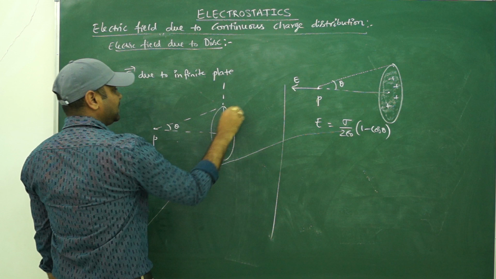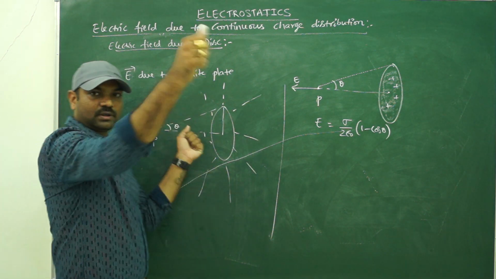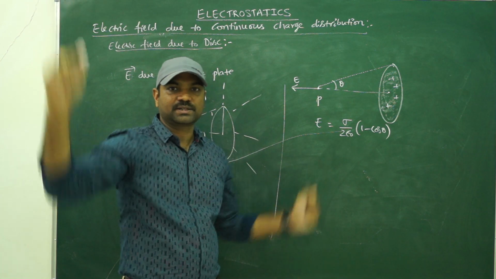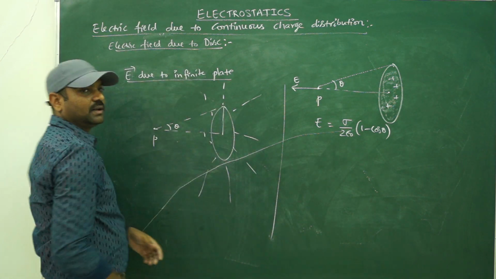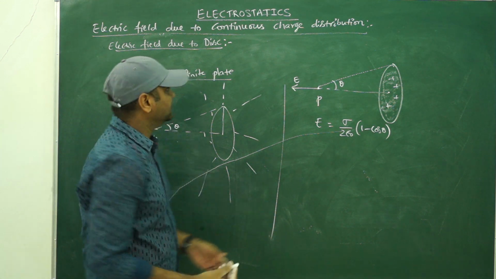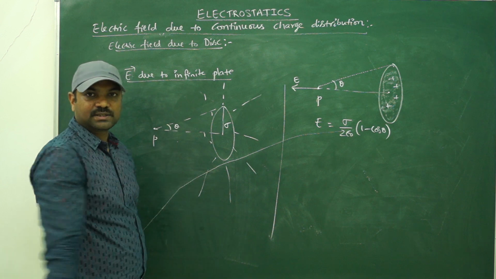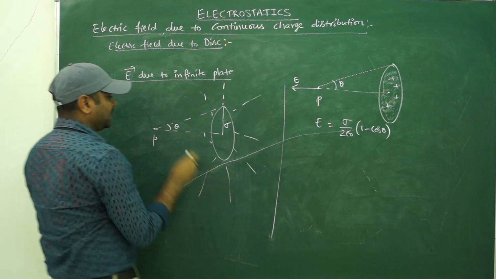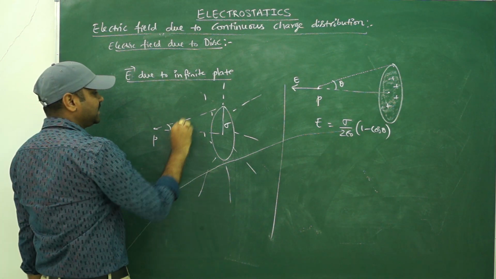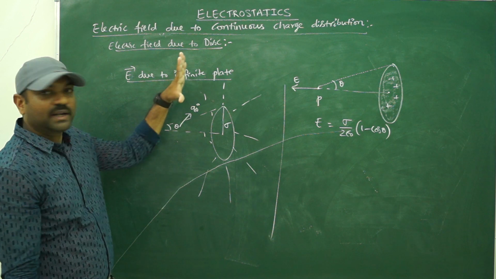Suppose I extend the disk to infinity, imagine I am expanding it. Then it becomes an infinitely large plate carrying charge density sigma. As the disk extends to infinity, the theta value becomes 90.